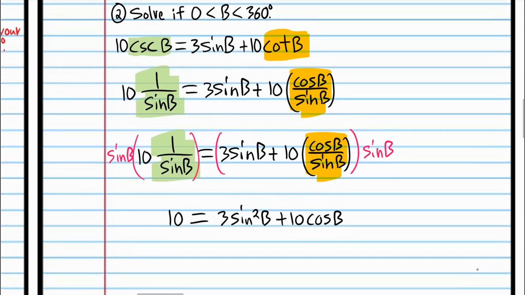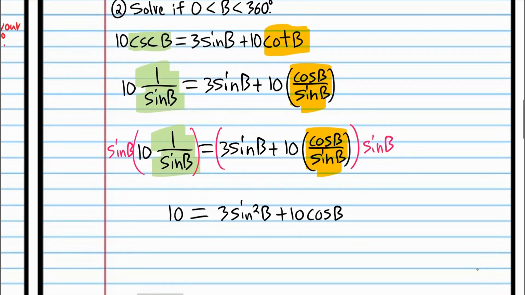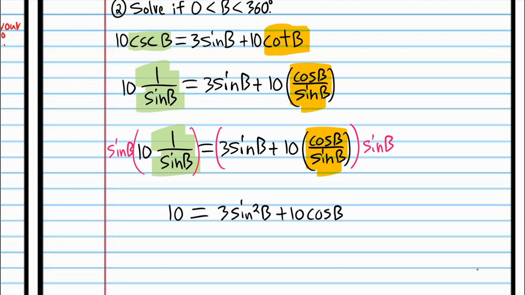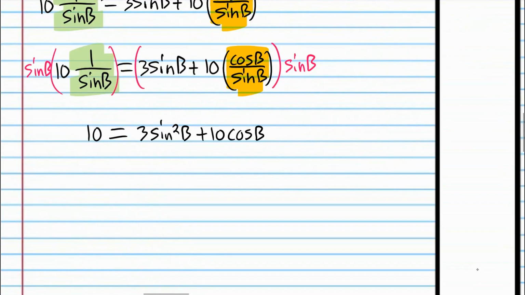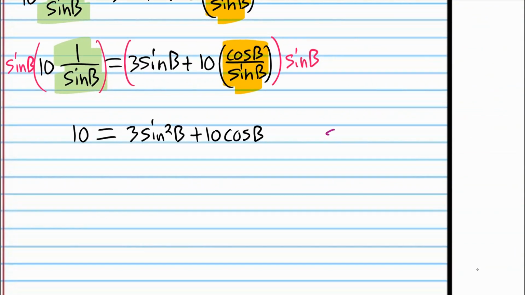The equation is simpler in the sense that we only have 2 trigonometric functions as opposed to 3. But we still have different functions. But that's okay, because remember, we learned a relation between sine and cosine. Remember, sine squared b plus cosine squared b is equal to 1.